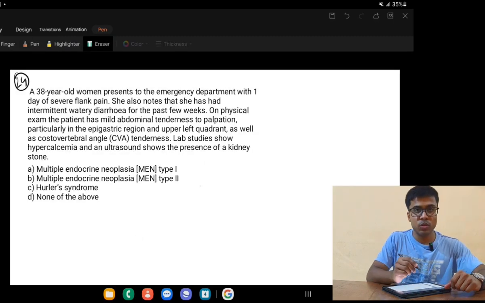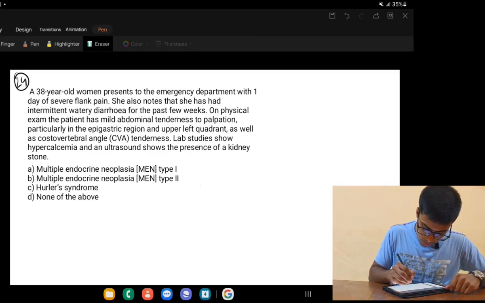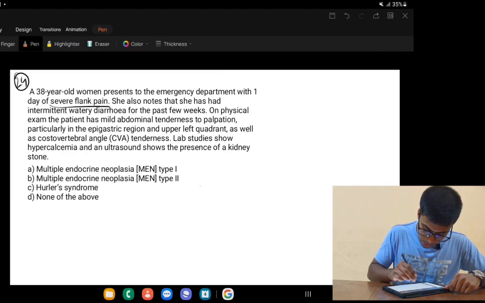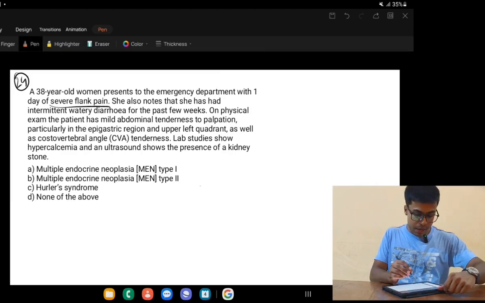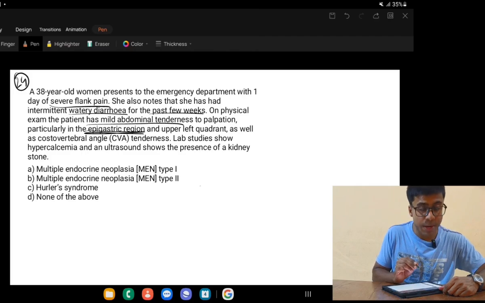Question number 24: a 38-year-old woman presents to the emergency department with one day of severe flank pain. She also notes intermittent watery diarrhea for the past few weeks. On physical exam, there is mild abdominal tenderness to palpation, particularly in the epigastric region related to the pancreas, meaning the upper left quadrant, as well as costovertebral angle tenderness.